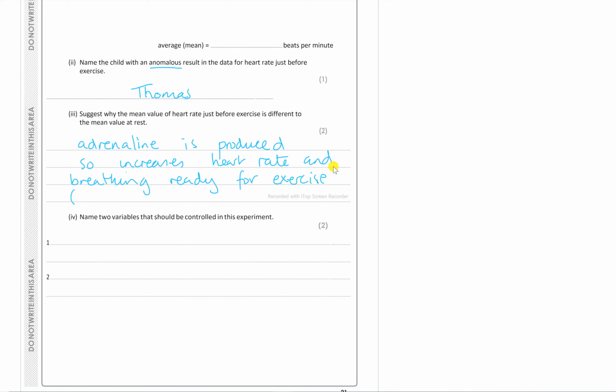So what happens is you have more energy being provided for the muscles for aerobic respiration. There's lots of things going on there.